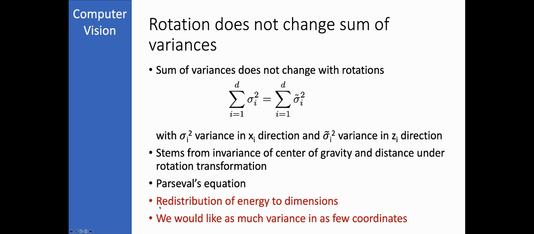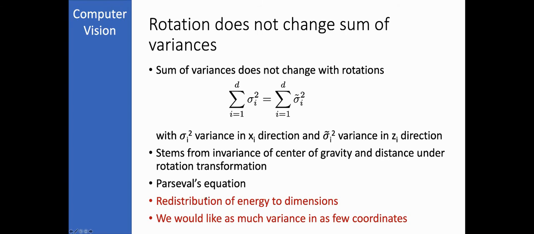I simply redistribute the energy to different coordinates. And this invariance stems from the fact that the rotation does not change the center of gravity of data samples, and rotation does not change distance between different sample points. So in the end, it satisfies Parseval's equation. So the energy remains the same.